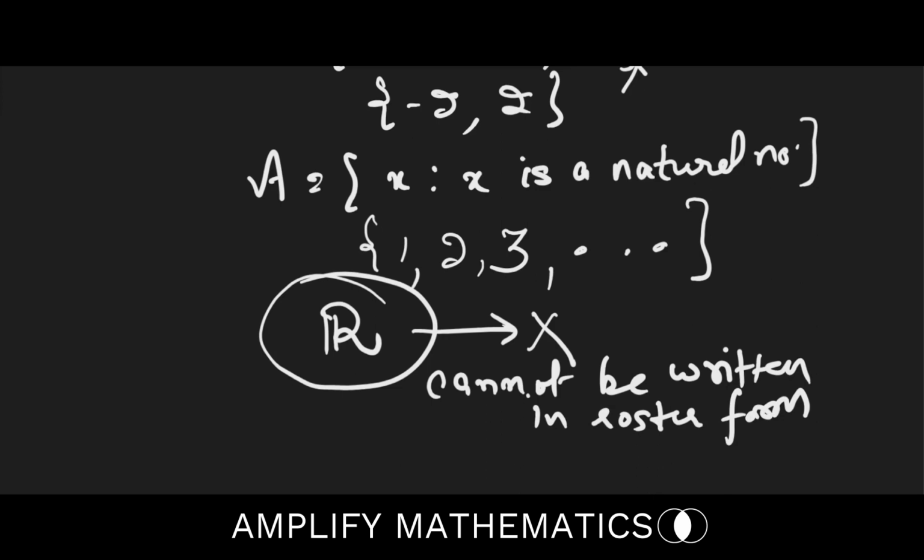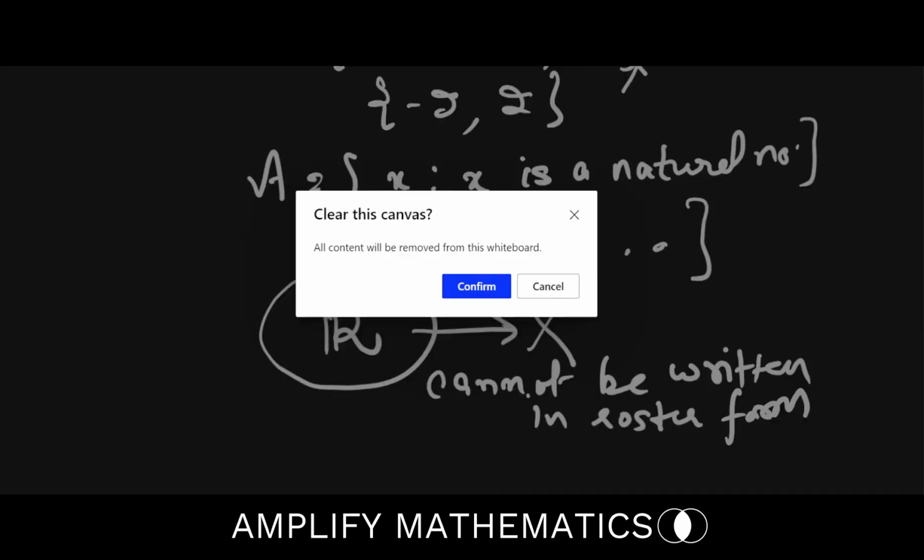Okay, so now let's take some examples of finite and infinite sets also. Let's quickly go through some examples. First is all such x such that x belongs to N and (x minus 1)(x minus 2) is equal to 0.